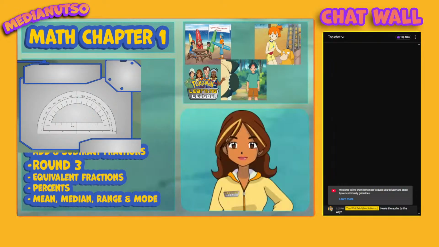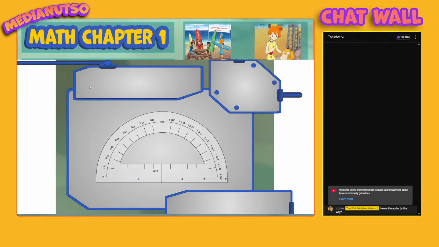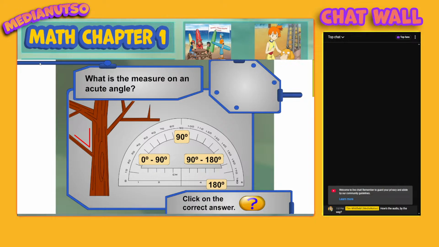Let's check these angles out. Okay, look at this first branch. I think the first angle is an acute angle. What is the measure on an acute angle?